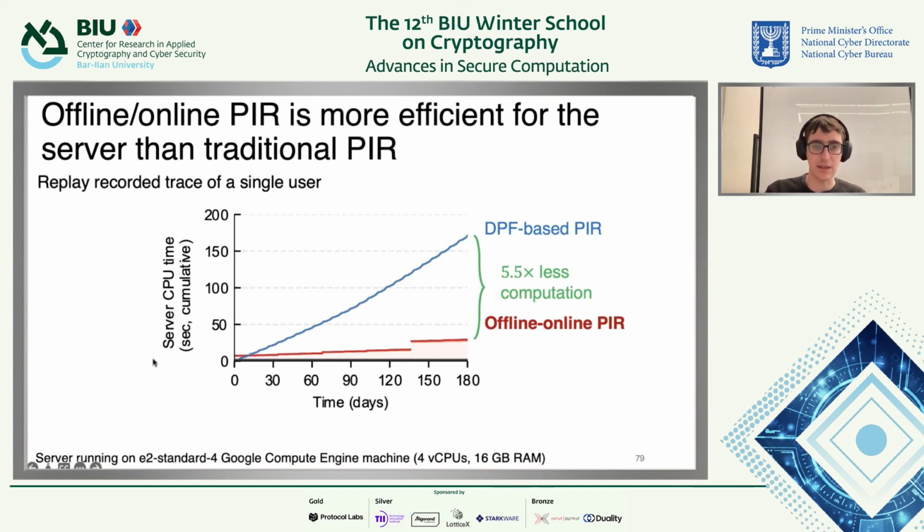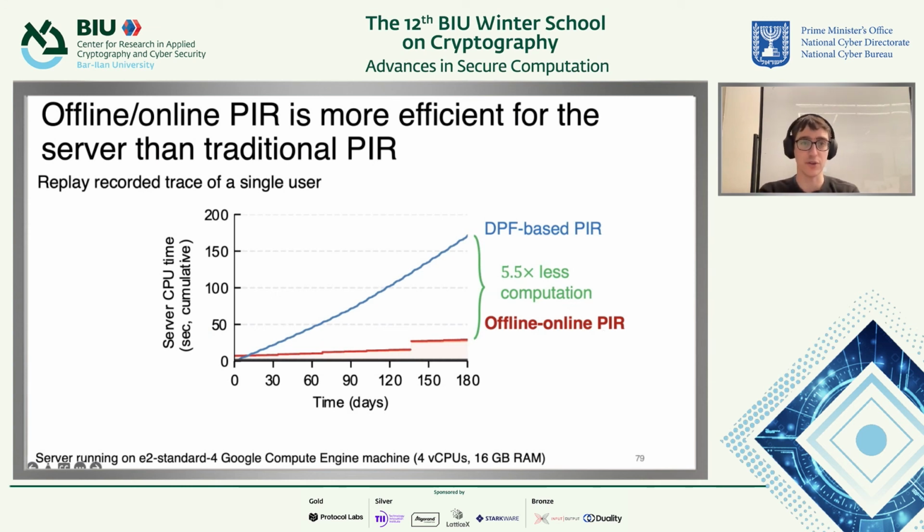What we see here is the cumulative server CPU time that our system requires, using several months of simulated user activity based on the recorded trace. This is measured in seconds, and we compare the amount of server time needed for the DPF-based PIR and the offline-online PIR.